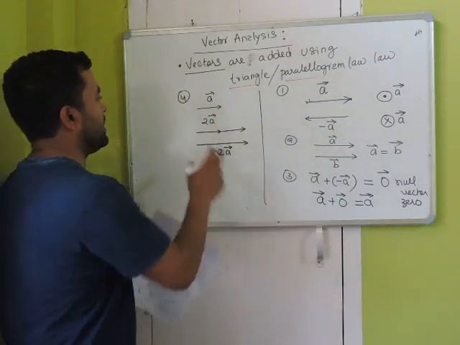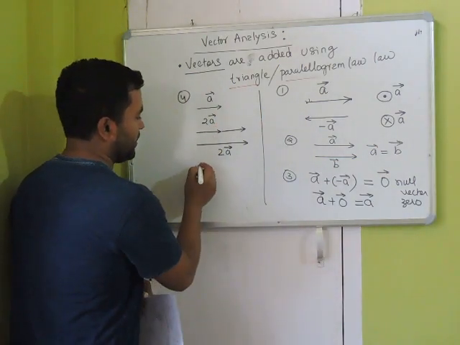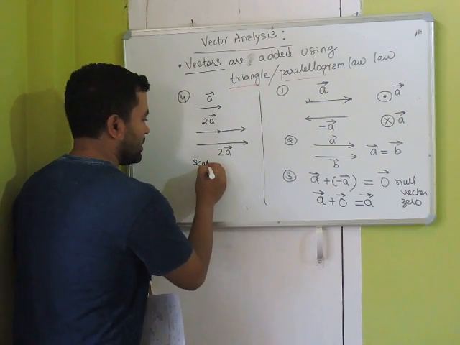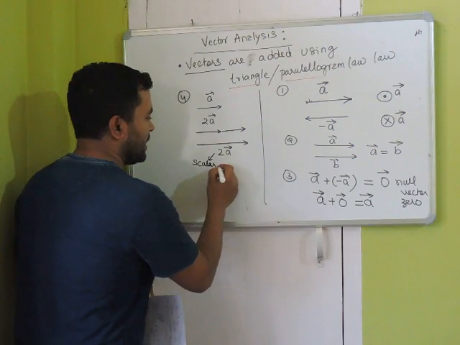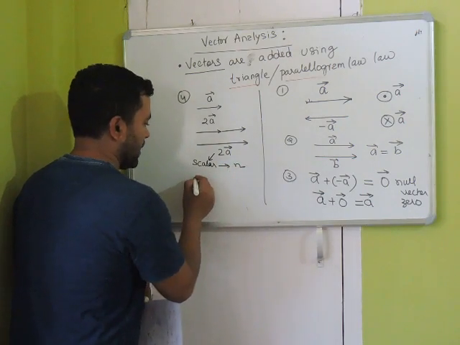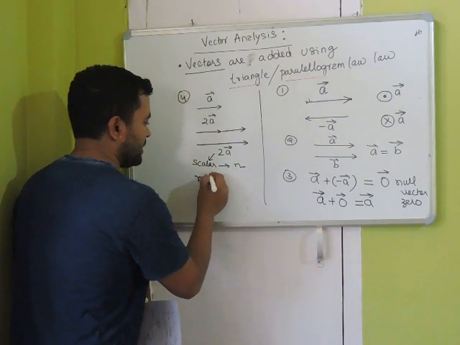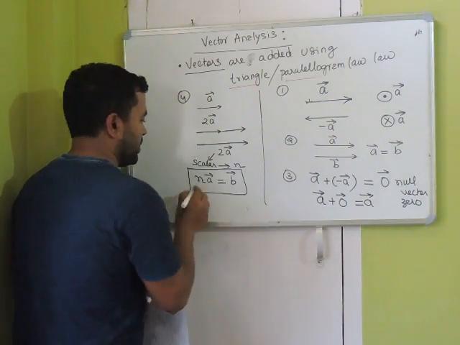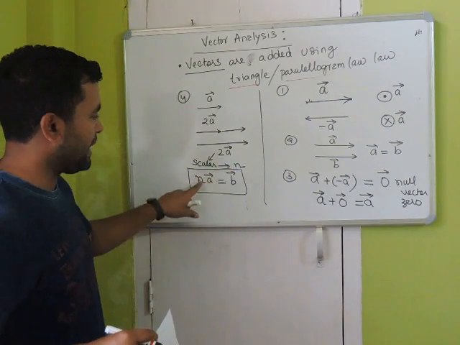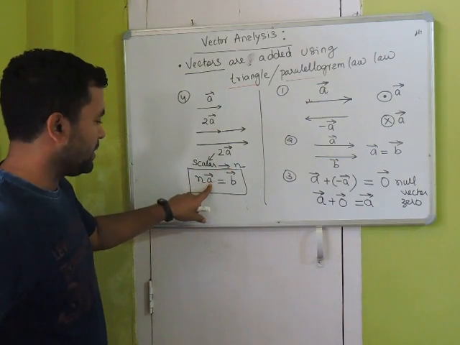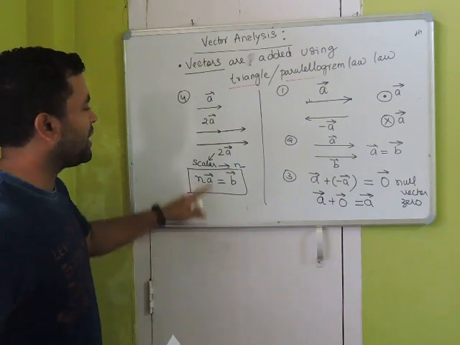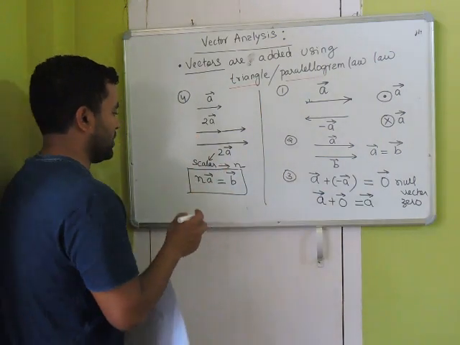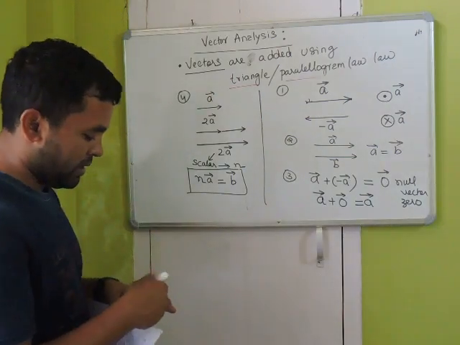Okay, now there is a general rule in vector that if I multiply a scalar, suppose scalar is 2 here, if scalar is n, so n A vector is equal to a new vector B. So if I multiply a scalar which is n, a number, with A, I get a new vector B. Now there are plenty of examples in physics in this regard.